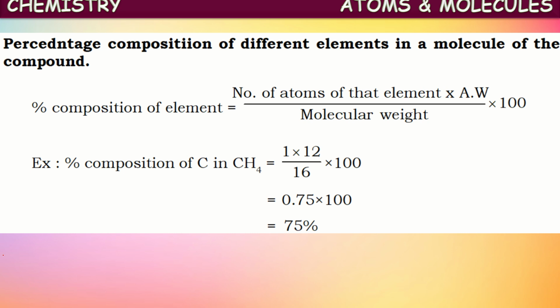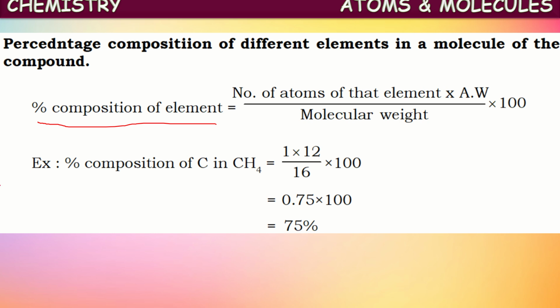So there is a formula to find out each and every element's percentage composition within a molecule. The formula is: percentage composition of element is equal to number of atoms of that element into atomic weight, by molecular weight, into 100. Now we need to multiply with 100.